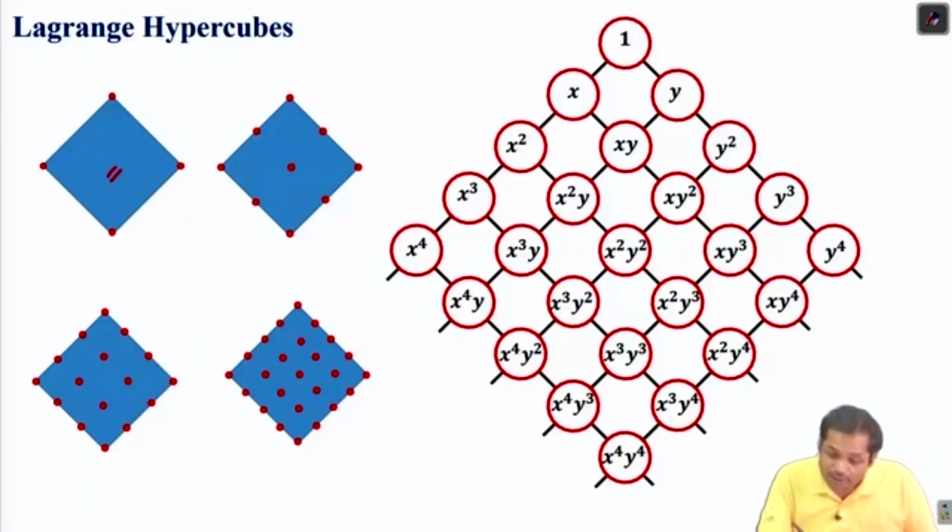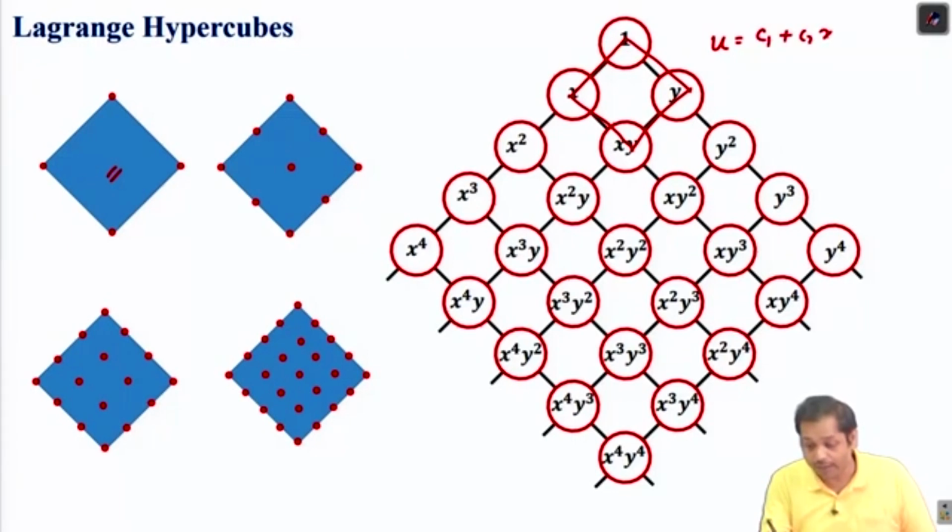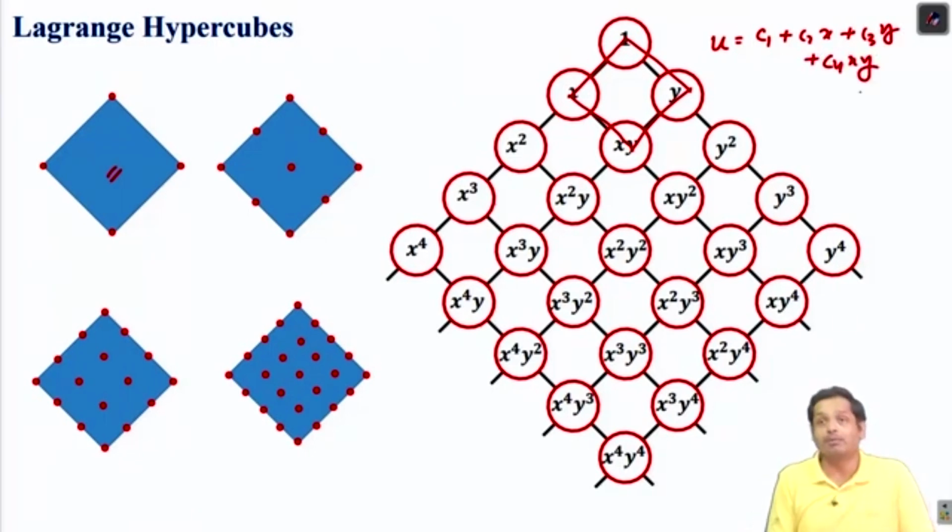What are the monomials to be taken in the approximation? This will be c1 plus c2x plus c3y plus c4xy. These are the 4 terms to be taken in the approximation.